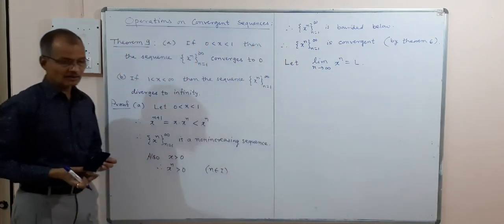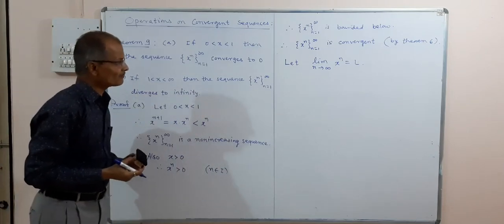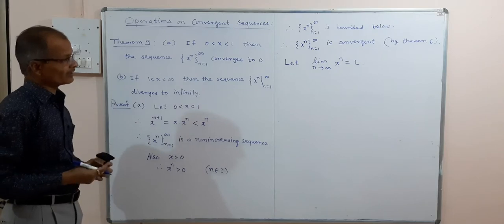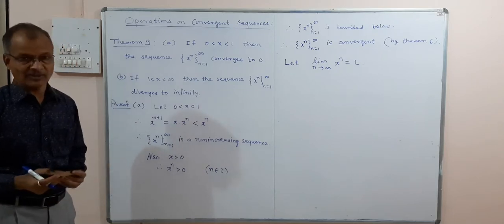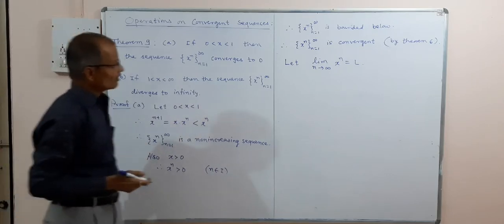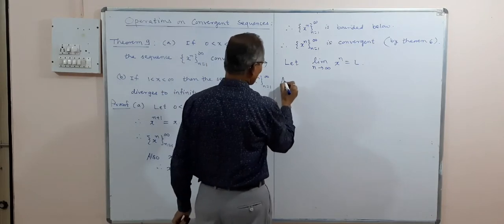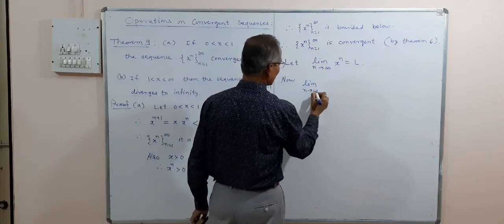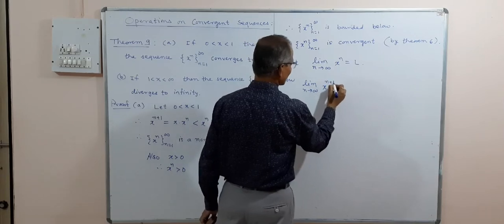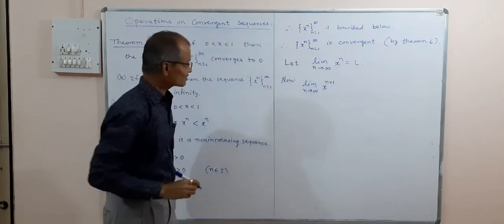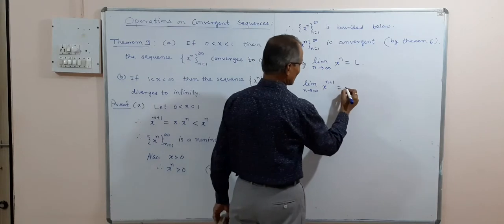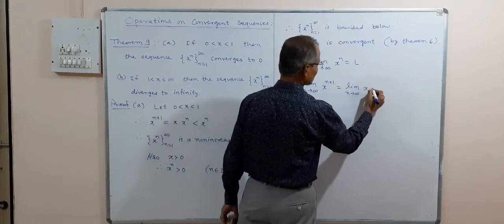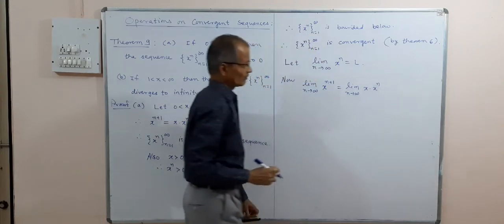Because the limit of x raised to n is L, we will consider the limit of the sequence x to the power n plus 1. Now, the limit as n tends to infinity of x raised to n plus 1, we express as the limit as n tends to infinity of x into x raised to n.